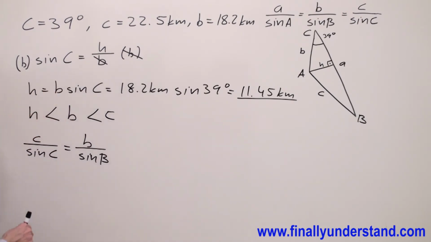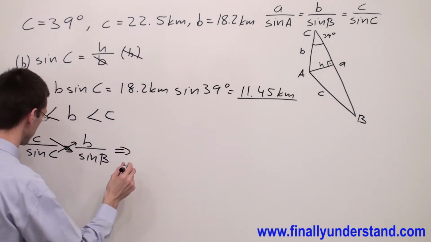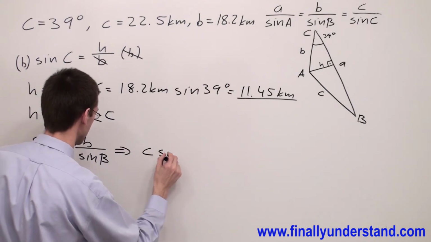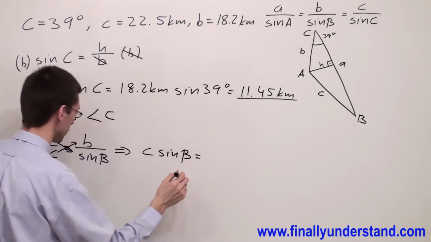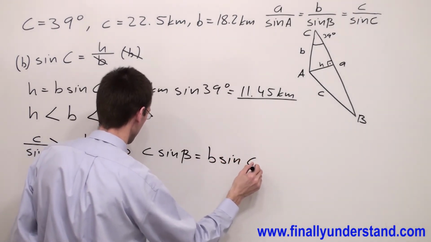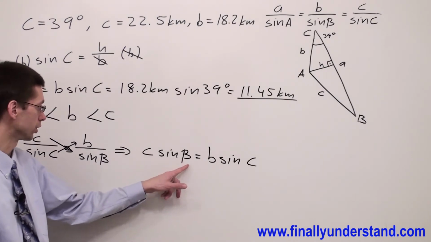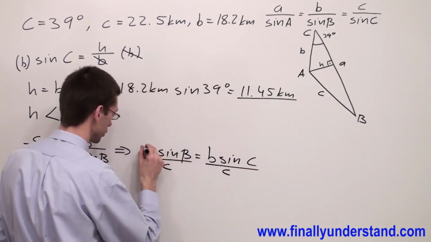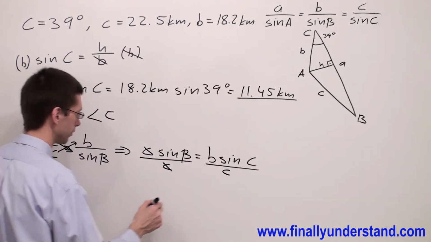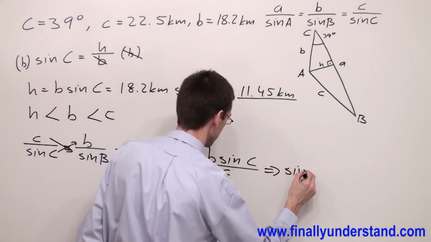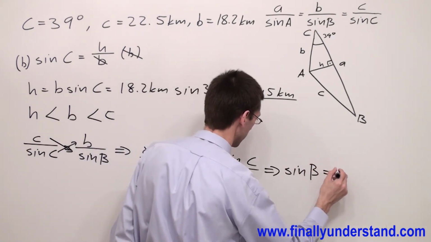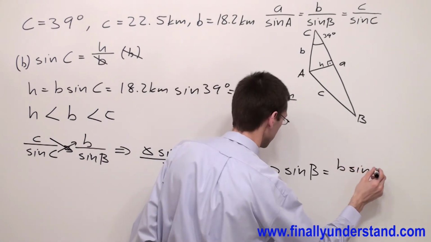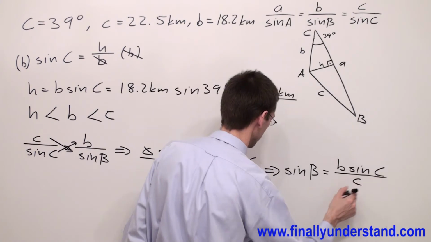We're supposed to find angle B. In order to do so, I cross multiply, and I have C times sine of angle B equals B sine of angle C. In order to find angle B, I divide both sides of my equation by C. C and C cancel out, and I have sine of angle B equals B sine of angle C over C.